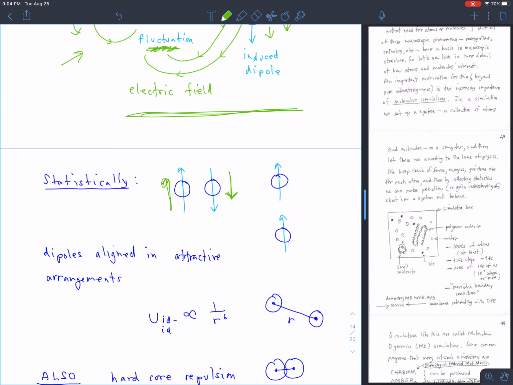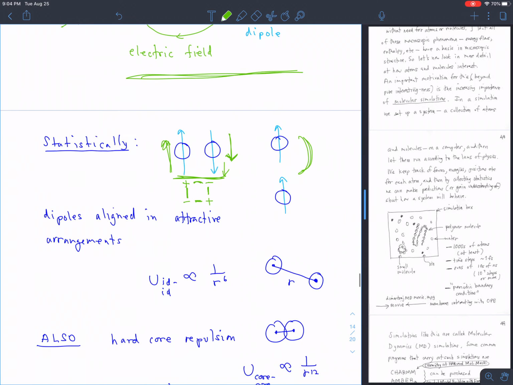So you can see this is favorable, right? Because a dipole is a plus sign and a minus sign close together. And if this guy is pointing this way, then that's a plus sign and a minus sign this way. And that arrangement puts the pluses and minuses near each other, which is favorable. So this is a favorable arrangement of dipoles. This one's also a favorable arrangement of dipoles, and also the kind of arrangement that you'll find due to this what's called induced dipole interaction.